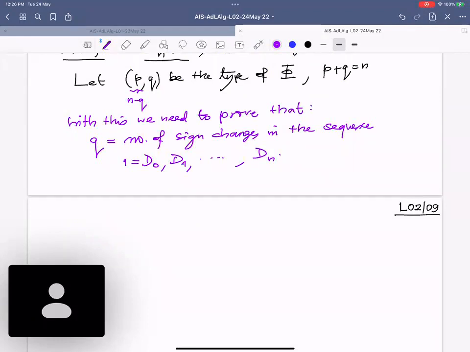All right, how am I going to prove this statement? Yes, John, you want to ask? All right. How am I going to prove this statement? I am going to prove this statement by induction on n. Proof by induction on n.